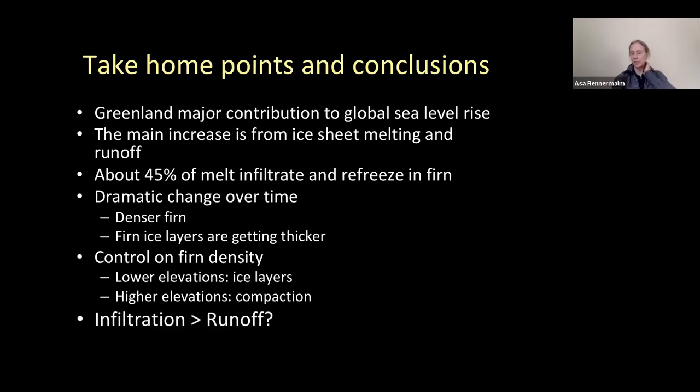What I couldn't resolve 100%, and this is why we can still continue to do research about it, is the question of whether these very thick ice layers are able to prevent infiltration and instead route surface melting to runoff instead of refreezing and infiltration.